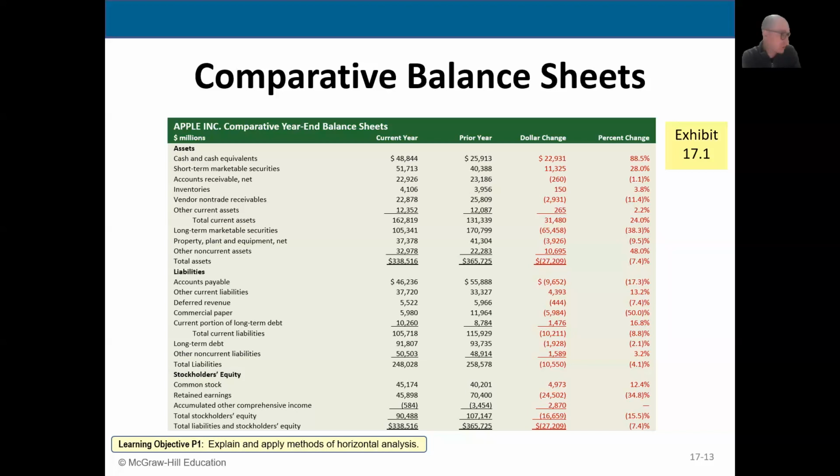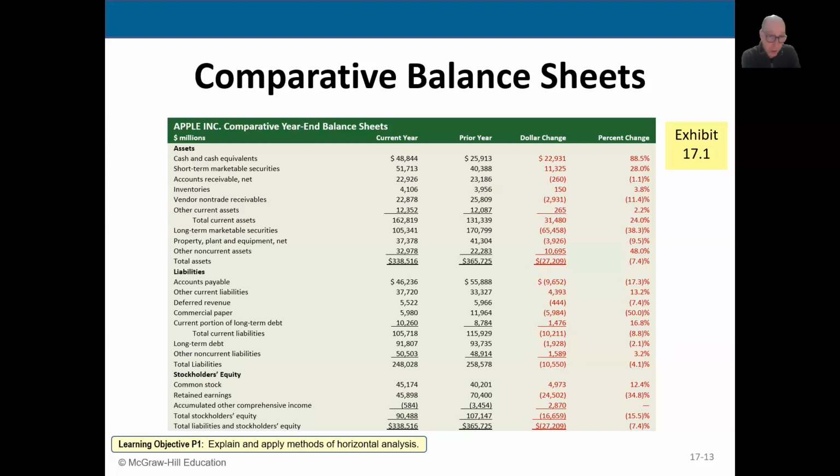Just to make things easy, let's take a look at total assets. Current year total assets was 338,516. The prior year's assets was 365,725. That's a difference of negative 27,209. Okay, interesting. So that's the dollar change.